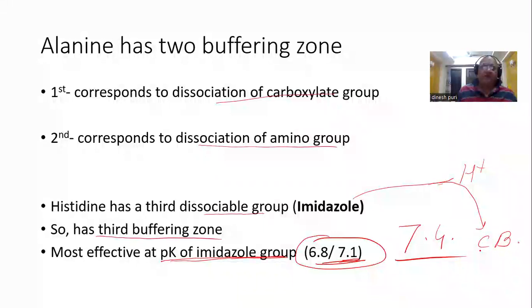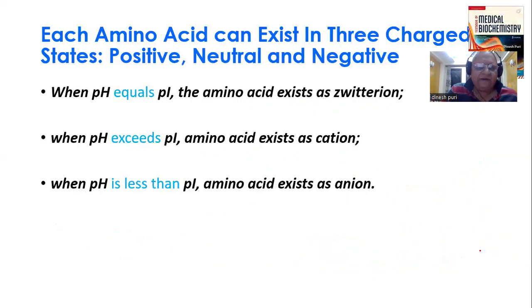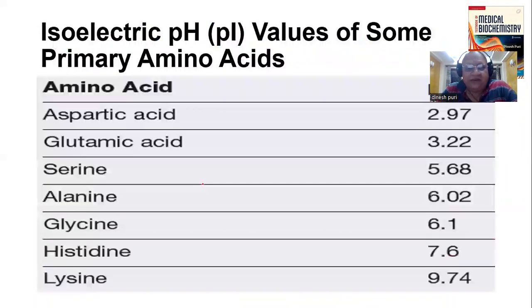A question for you: which are the other extracellular buffers and intracellular buffers? Find out. So we had seen earlier the pI, the isoelectric pH. Now let us see the fallacy of the answer, that every amino acid acts as a buffer at the isoelectric pH.